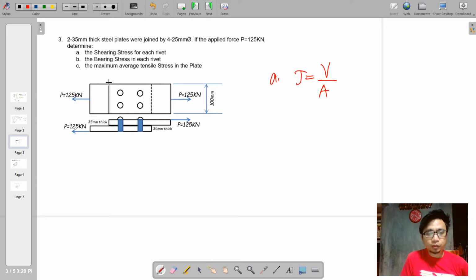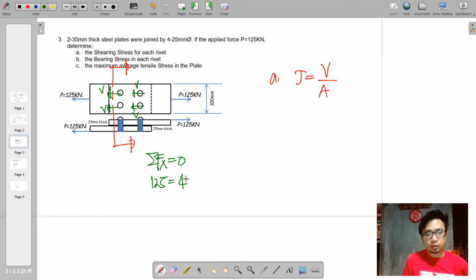So if we're going to consider a cut section here, there will be resisting shear forces on each of the rivet, and as we can see by summation of forces horizontal, we can just say that 125 will just be carried equally by these 4 rivets.